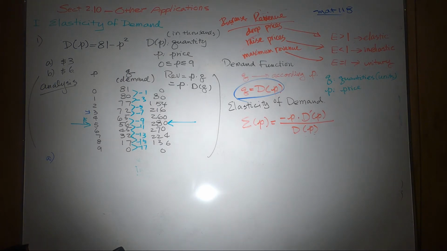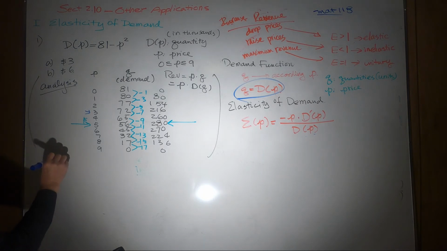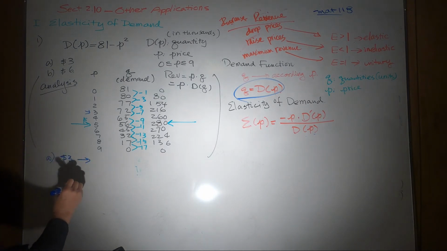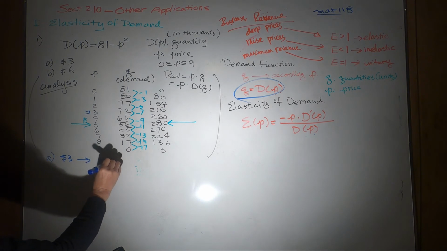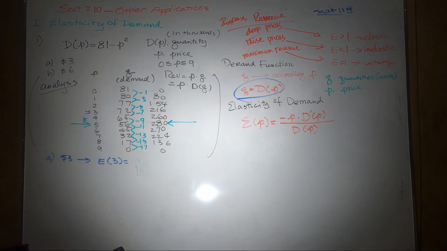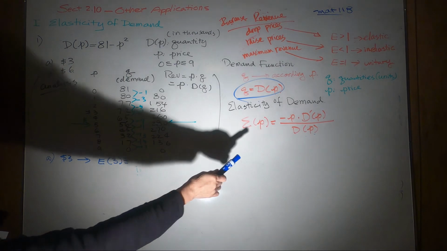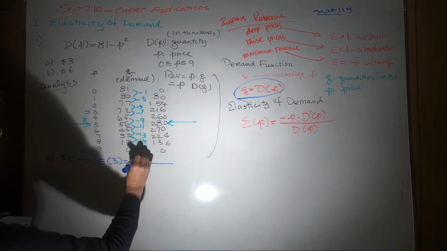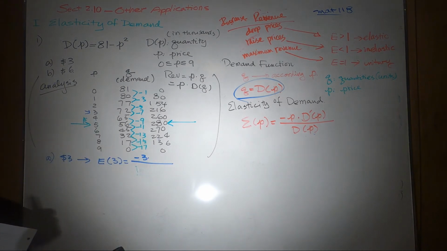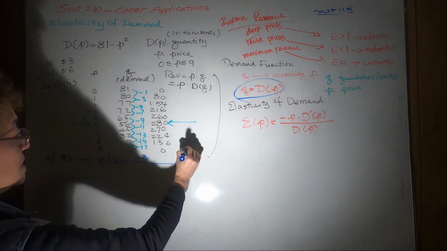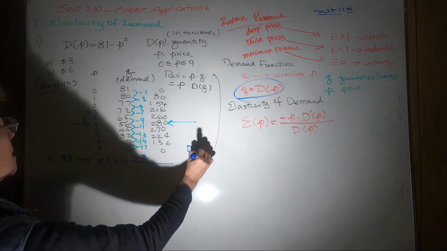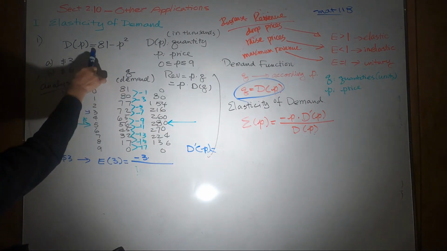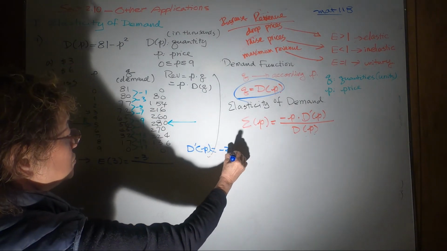Then see what it means. So at the price of $3, we calculate our E of 3. So E of P is P over D of P times D prime of P, with a negative sign. So what's your D prime? D prime of P, take a derivative, would be negative 2P.